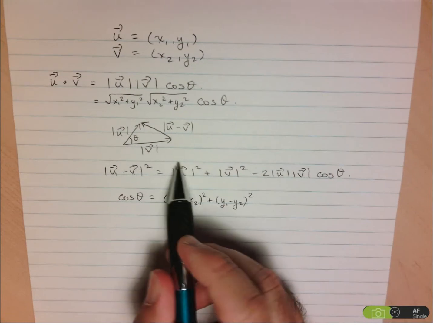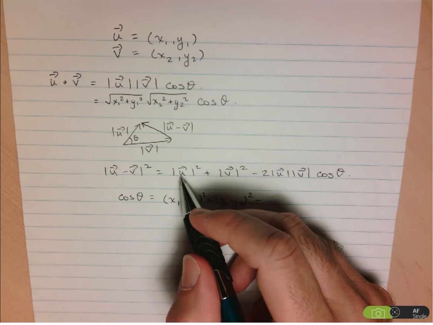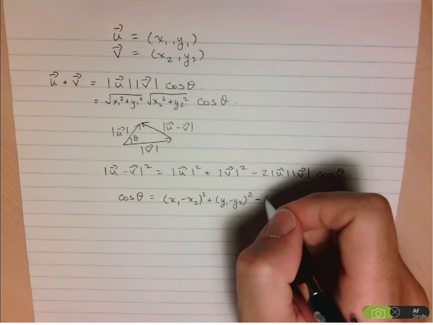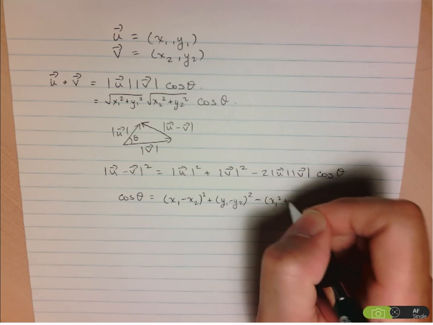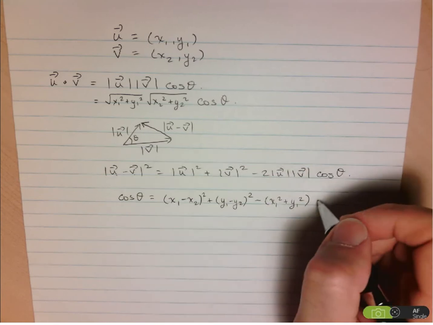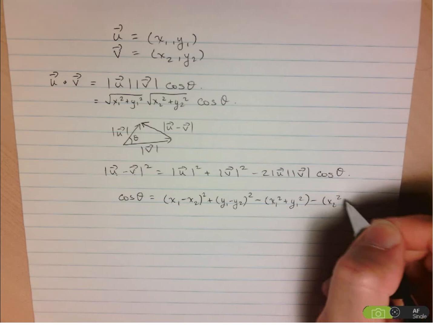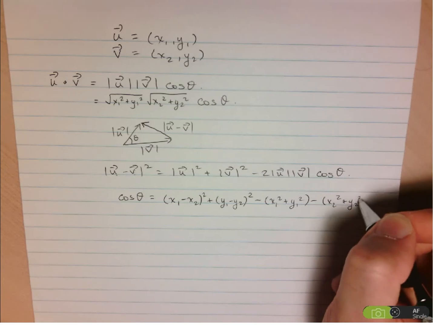Okay, then we'll bring these other two to the other side. So we need to subtract the magnitude of u squared, which would just be x1 squared plus y1 squared. And I also have to subtract the magnitude of v squared, which would be x2 squared plus y2 squared.